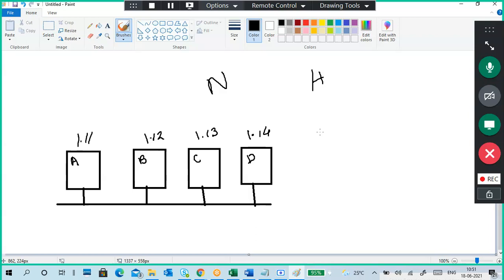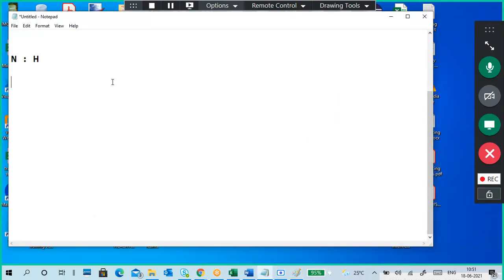So the host must be different, the network must be the same, like this. Network is 1, host is 1. For example, host is 11.